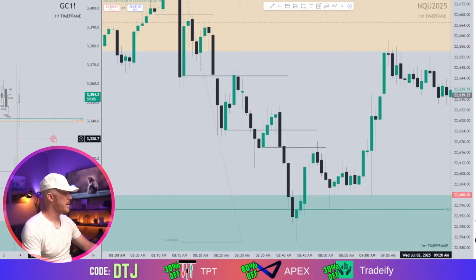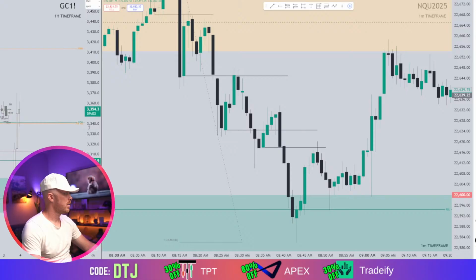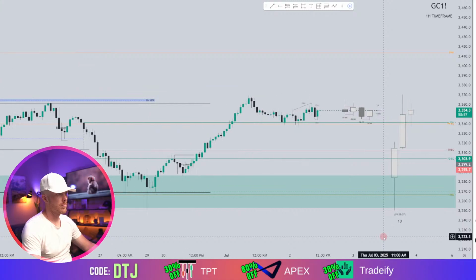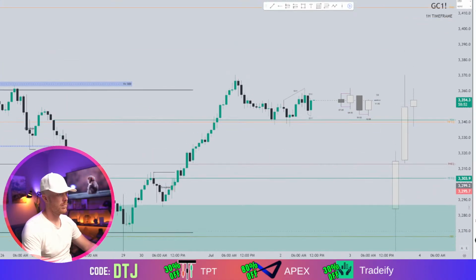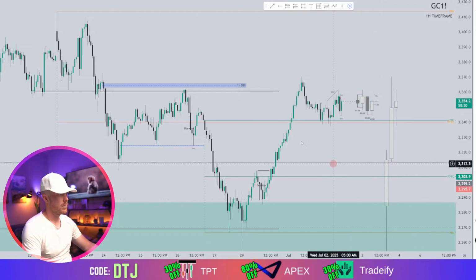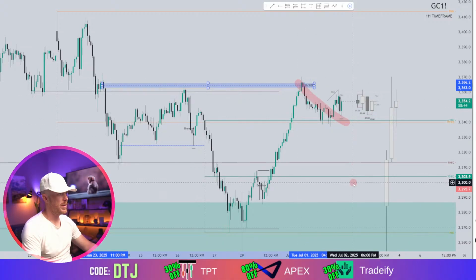Gold looks great for an expansion higher. That looks really good. We swept the high, closed above this hourly fair value gap, retracement.